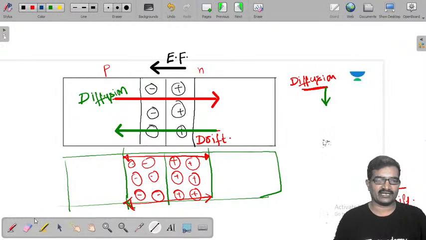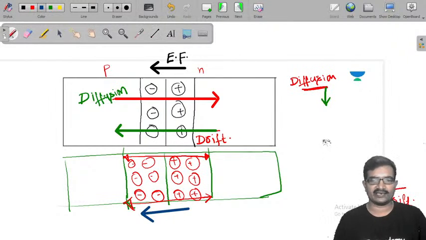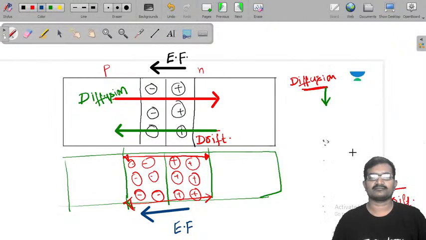The strength of the electric field directed from N region to P region is increased. Once the strength of the electric field is increased, the drift movement of the carriers is increasing. And one more thing, don't forget both currents are opposite in direction.